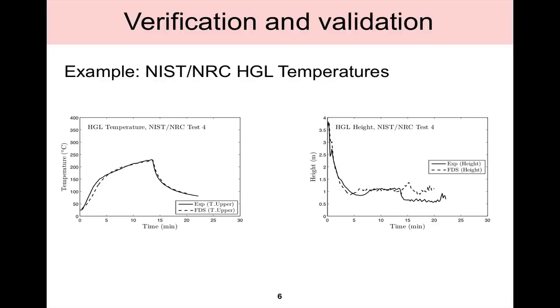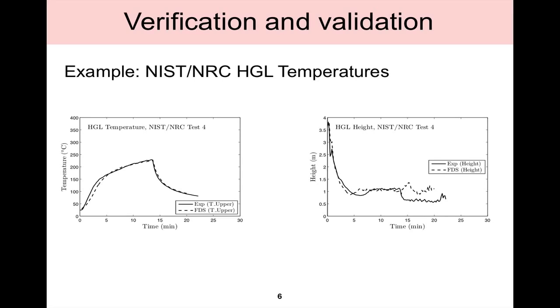Some examples are given in the guide that we'll look at in a minute from the FDS validation guide, and from this there are numerous experiments that have been compared to FDS where the experimental model was built in the FDS geometry, fire conditions, boundary conditions, and so on, and it was instrumented in a way that was similar to the experiment, so we can compare side by side the results.